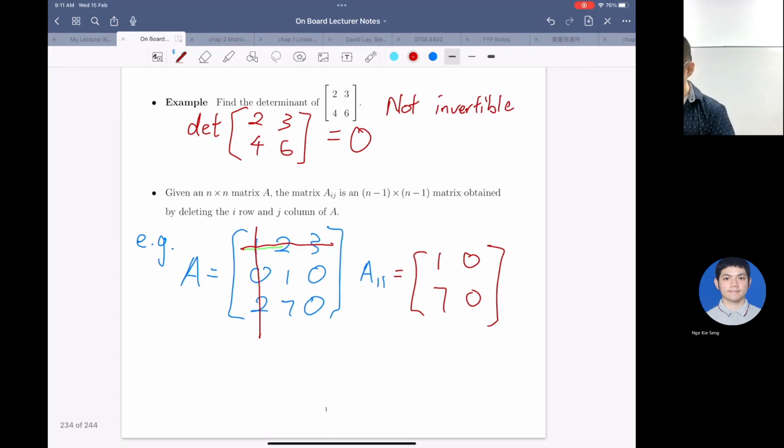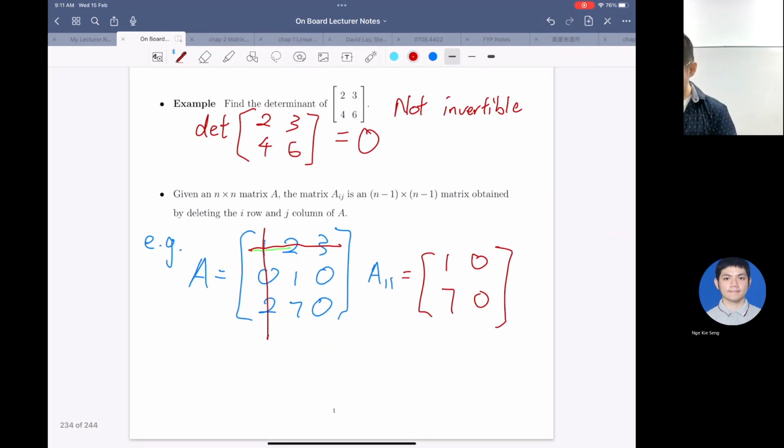Similarly, let's say I want to take away A21. That means I take away row 2 and column 1. So what do I get?